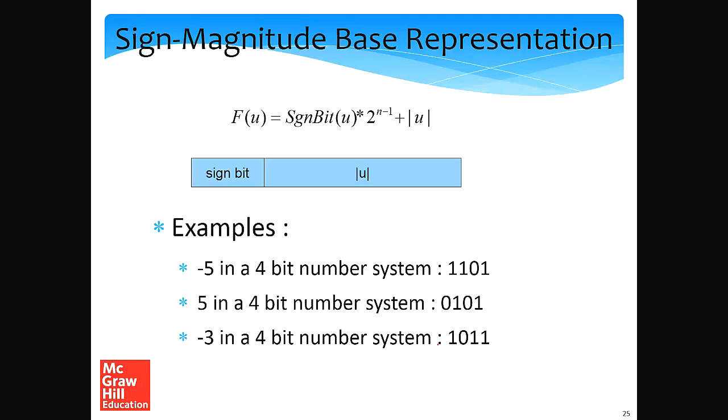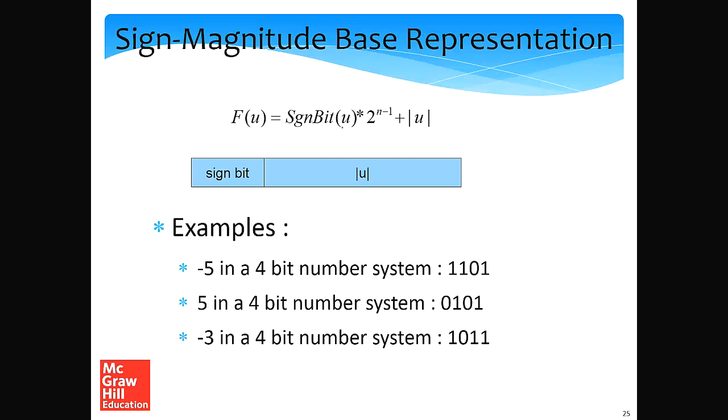Let's first look at a very simple representation called the sign magnitude representation. Here we define a mapping function f of u, where u can be a negative or a positive number.